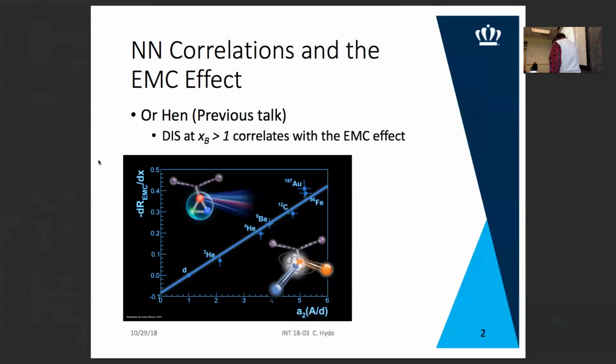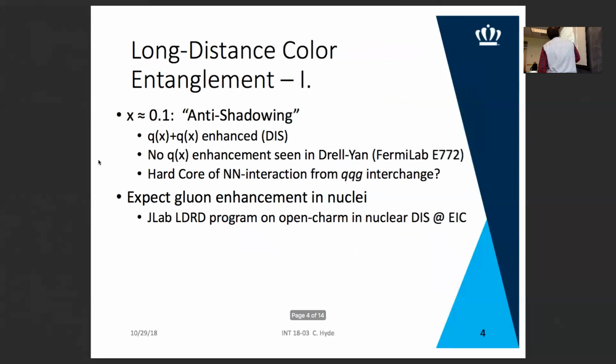Oops. Master this device. Okay. So we have these horrible words called shadowing and higher twist and anti-shadowing. We had a workshop at the new center at Stony Brook talking about entanglement.